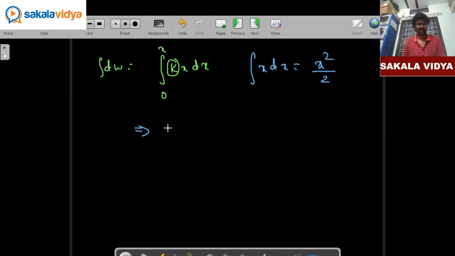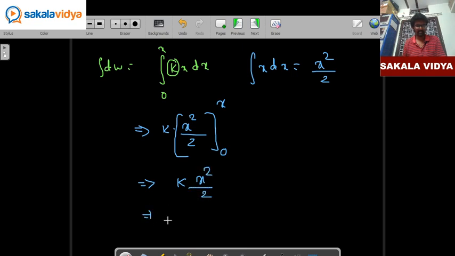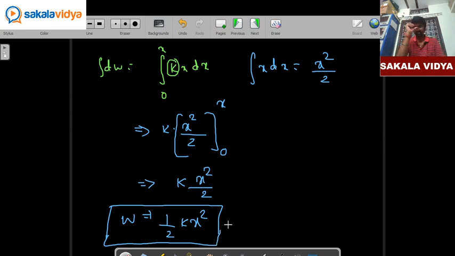So it becomes k into x square by 2, with x as upper limit and 0 as lower limit. Then our equation becomes k times x square by 2, which means 1 by 2 times k into x square. So the work done for compression or expansion of a spring is half k x square, where k is a spring constant and x is the displacement made by the object.